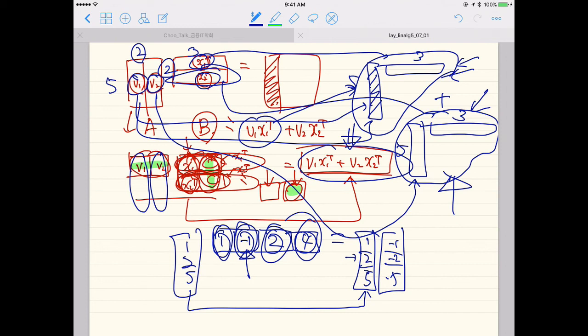That's why we call them rank 1 outer products, and we sum them up in order to represent the original matrix. That is called a sum of rank 1 outer products.